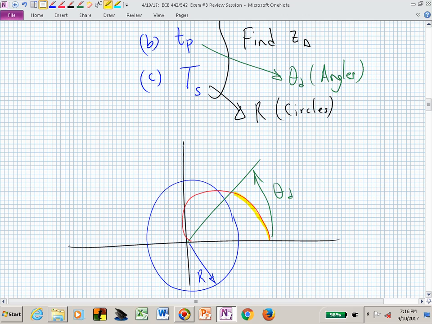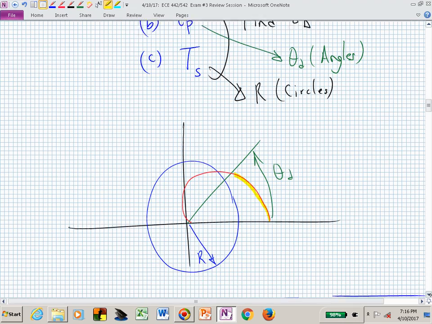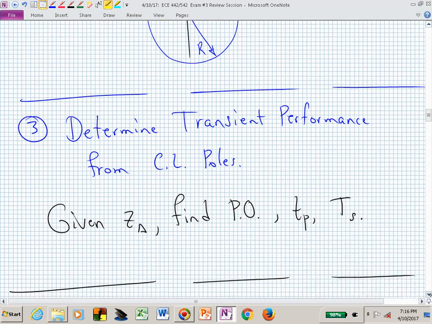Or I might say, what about a settling time of this amount or larger instead of this amount or less? Because I may want to push you around in the z-plane to give me regions of acceptability to meet particular performance specifications. So just make sure that you're reading carefully whether I'm saying less than or equal to or greater than.